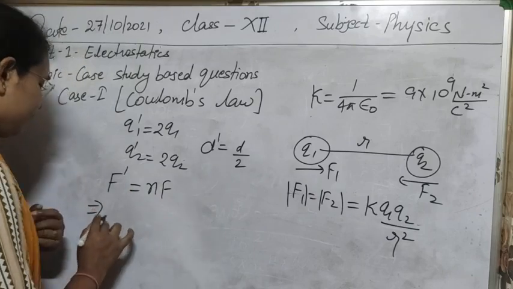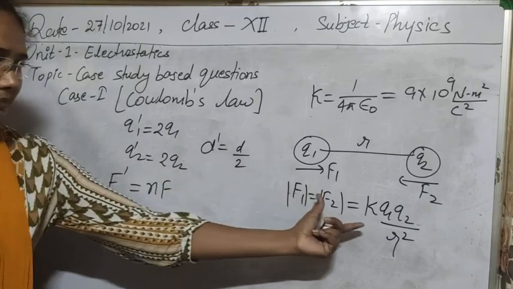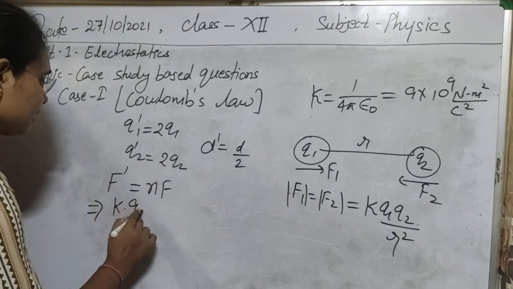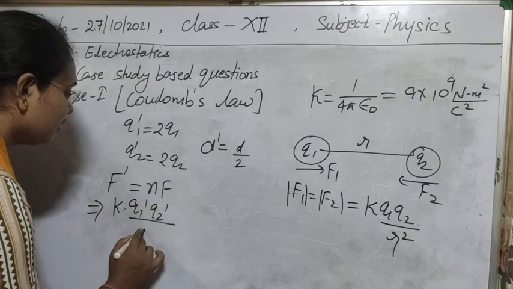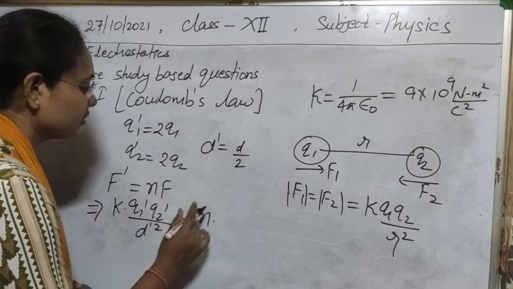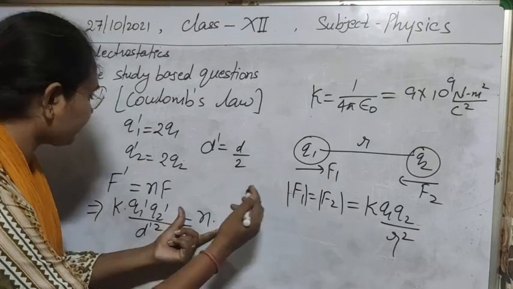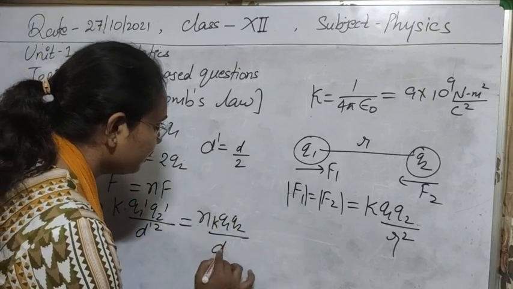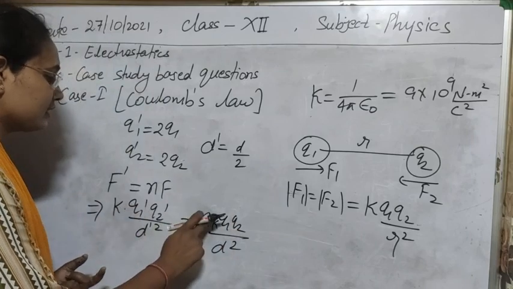Let's find out. F dash can again be found by this formula: k q1 dash q2 dash upon d dash whole square. This will be equal to n times k q1 q2 divided by d square. So k will be cancelled out from here.